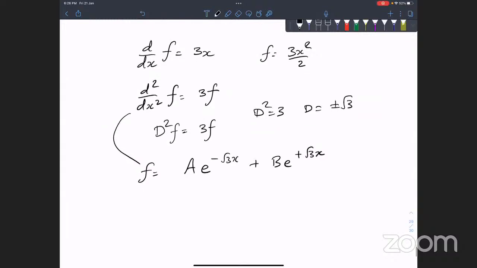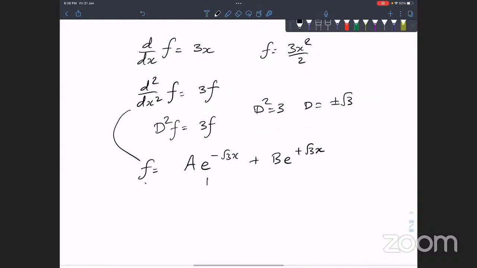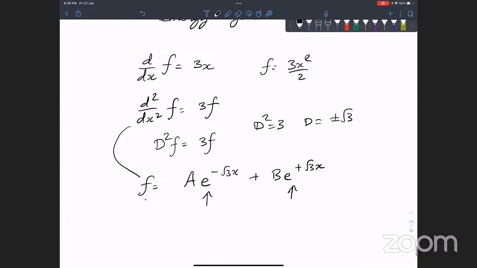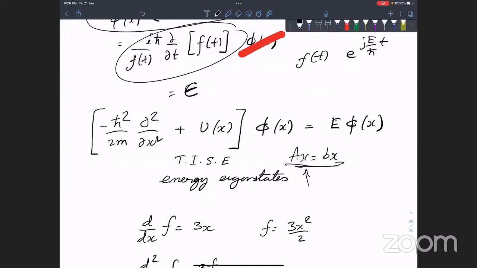So we always express the solution as a linear combination of the eigensolutions. So the same thing must happen here also. If my wave function satisfies this equation, this will give me certain energy eigenstates.